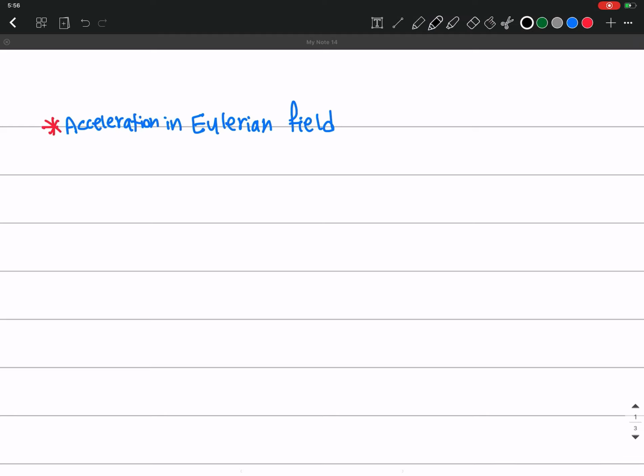First, I want to talk about a particle and start the analysis with the Lagrangian acceleration, and then we can go to an Eulerian field and see how they are related to each other in terms of formulation. We talked about Eulerian and Lagrangian approaches in the last lecture.